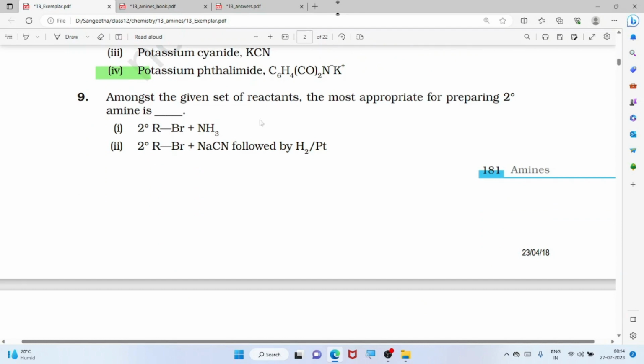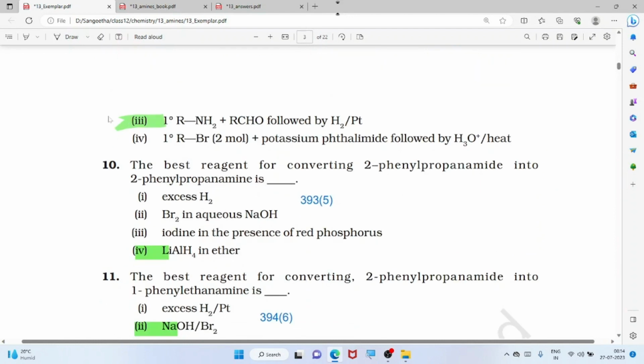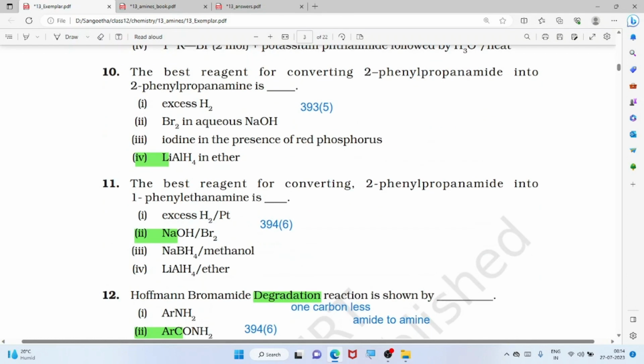Among the given set of reagents, the most appropriate for preparing a secondary amine. Okay, for preparing secondary amine, this one. The best reagent for converting 2-phenylpropanamide into 2-phenylamine. Amide to amine. Okay, we are converting amide to amine.